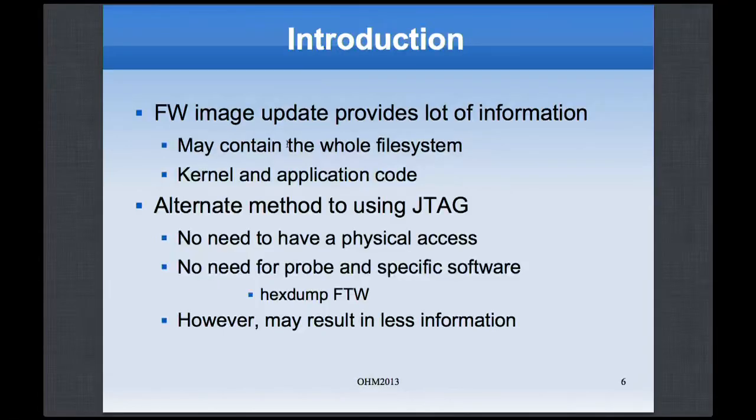Okay, so these firmware images provide a lot of information because they might contain the whole file system of the device. There is all the code. You also have all the certificates, everything that is needed to authenticate the firmware and maybe authenticate the device.